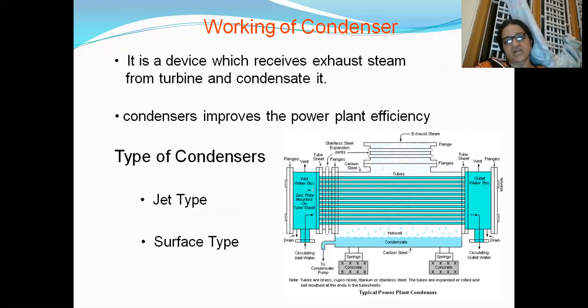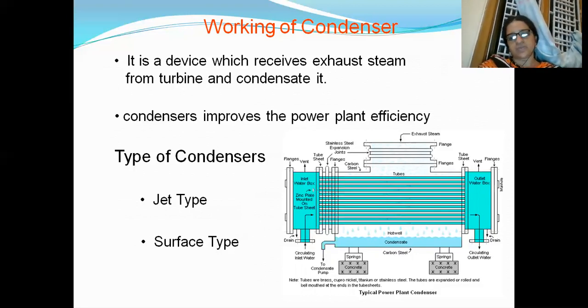Working of the condenser: it is a device which receives exhaust steam from the turbine and condenses it. Condensation means the process of cooling down, like how the temperature cools down in the atmosphere. That is known as the process of condensation.